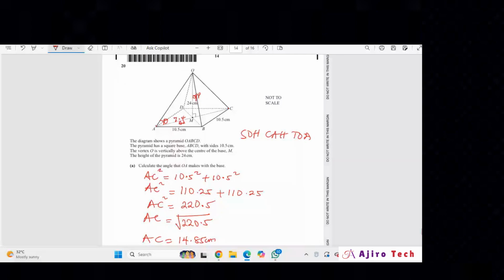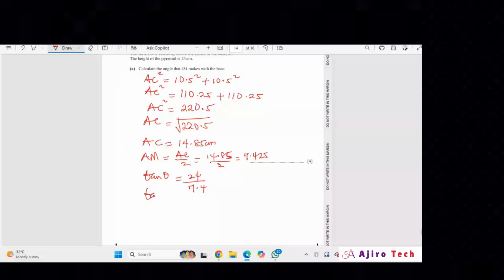So from here, tan theta is equal to 24 divided by 7.4. That will give us 3.2432.